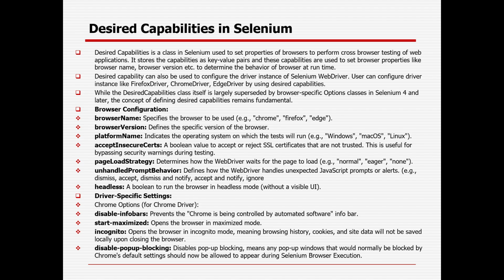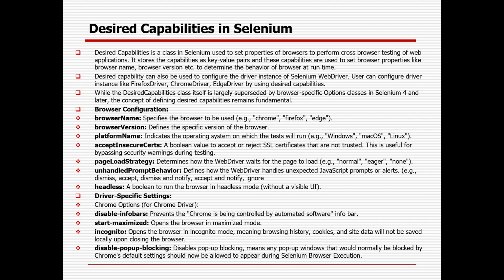So you have already seen that whenever we want to create an object or instance for any browser, we use WebDriver driver equal to new ChromeDriver, or new FirefoxDriver, or new SafariDriver, etc. Right? After that, with the help of the driver object reference, we navigate to the page and proceed with other steps. But here, instead of that, we will use some Chrome option or Firefox option specific to the driver.